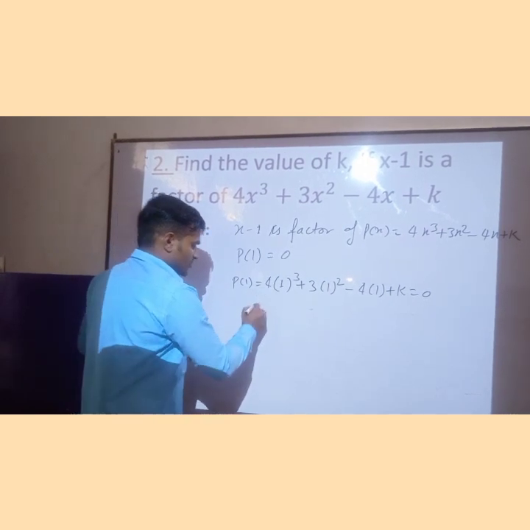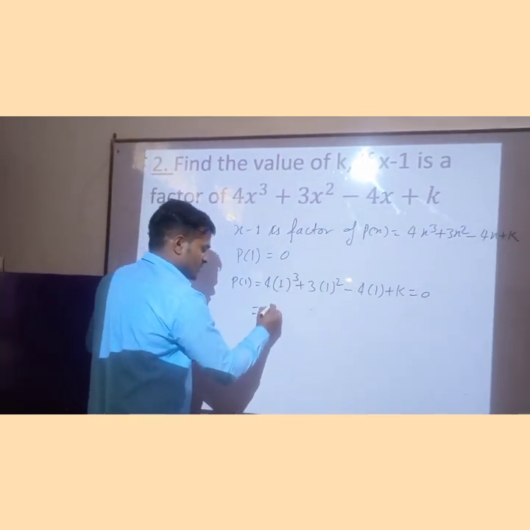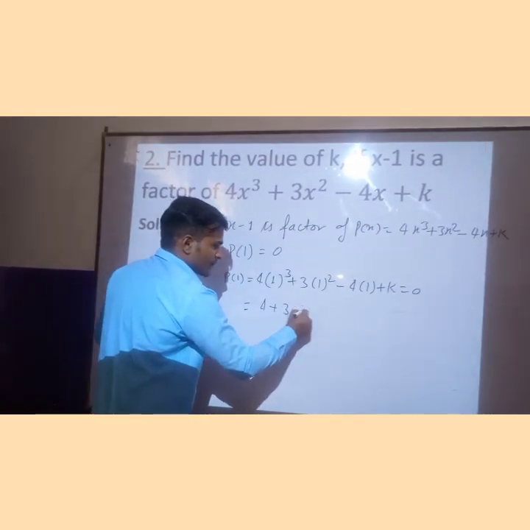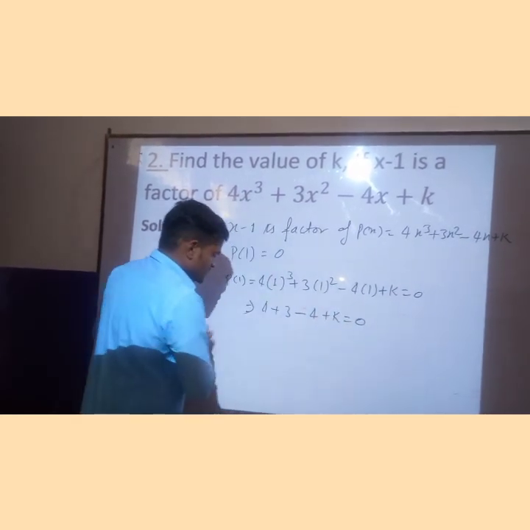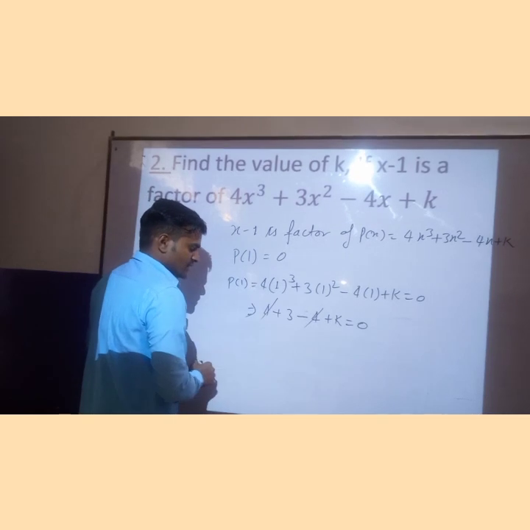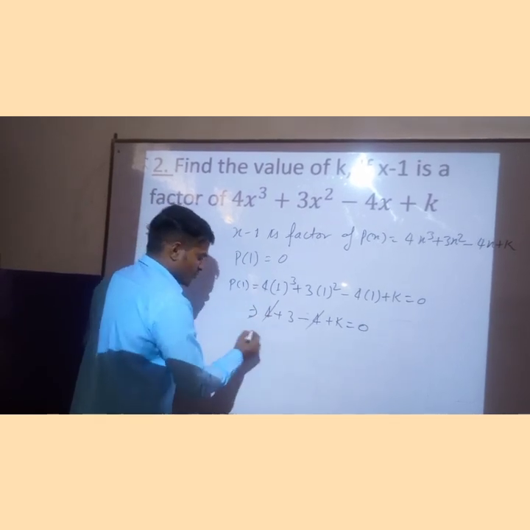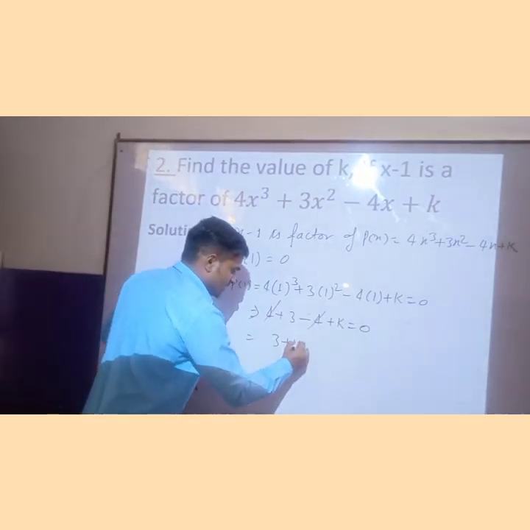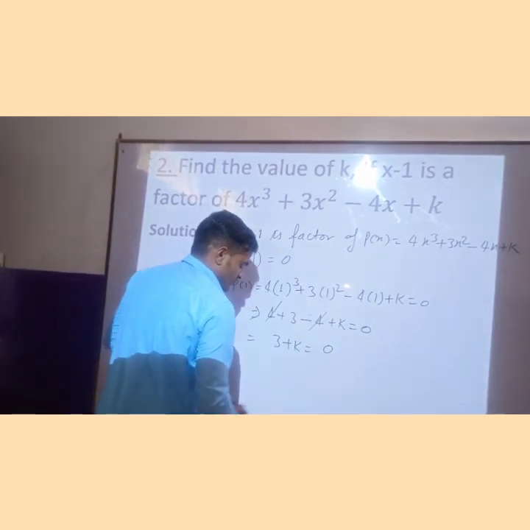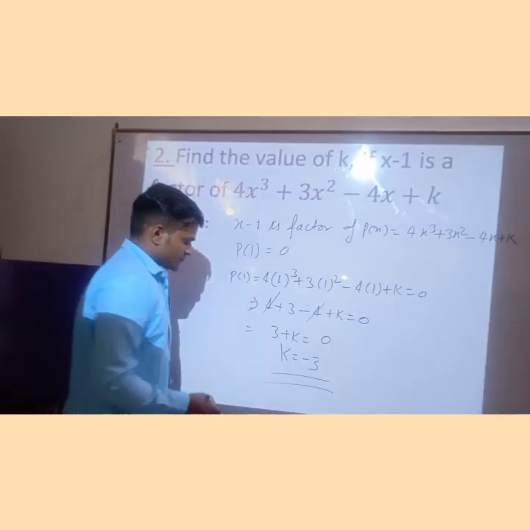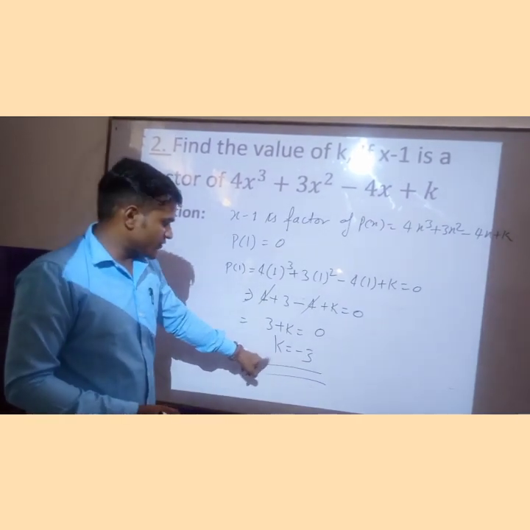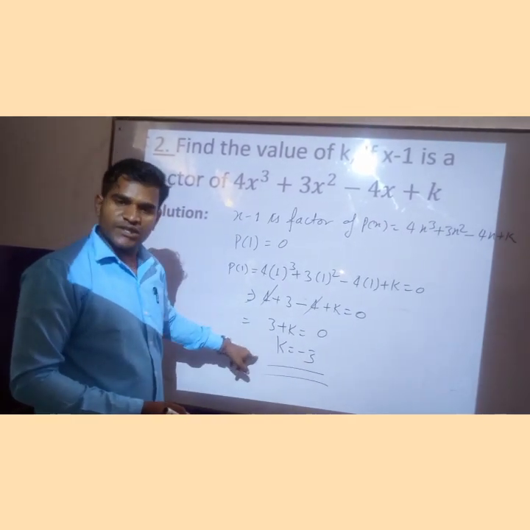So what do we get? The cube of 1 is 1, so 4 plus 3 minus 4 plus k is equal to 0. The 4s cancel. So we get 3 plus k is equal to 0. It means k is equal to minus 3. So the value of k is minus 3.